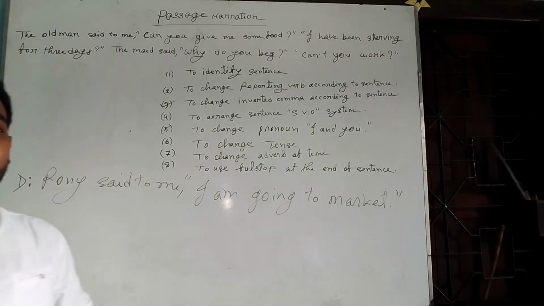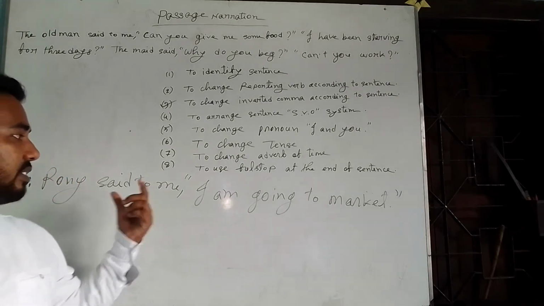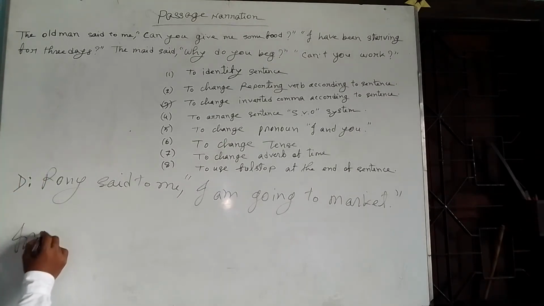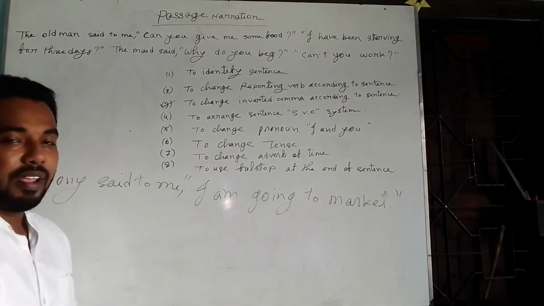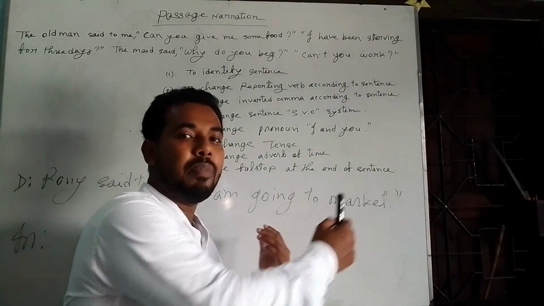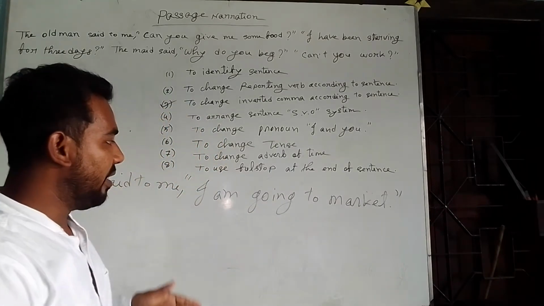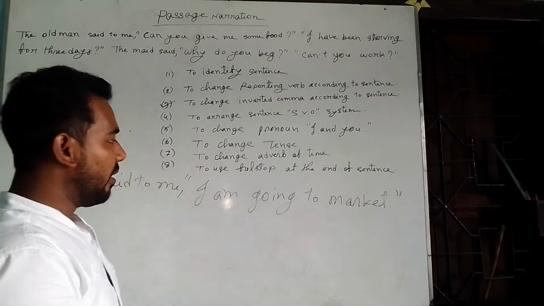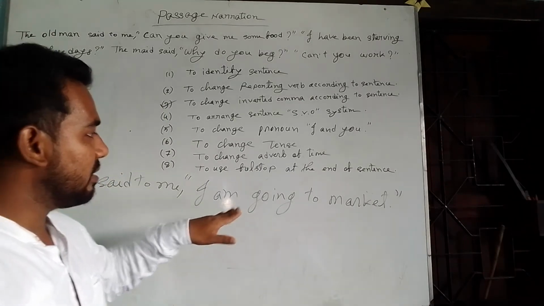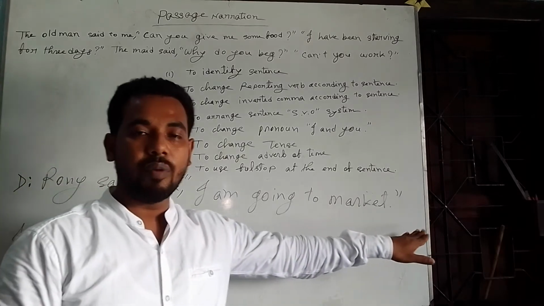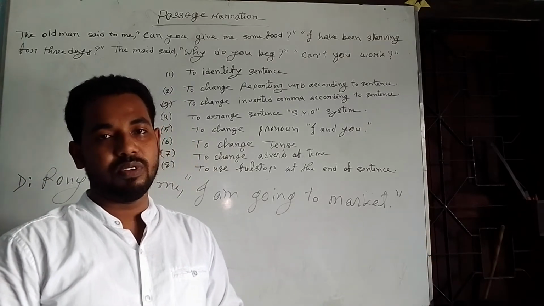At first, when we turn direct narration to indirect, we have to identify what type of sentence is used including inverted comma. So here you can see that in included inverted comma, the sentence is started with subject and at the end of the sentence there is full stop.